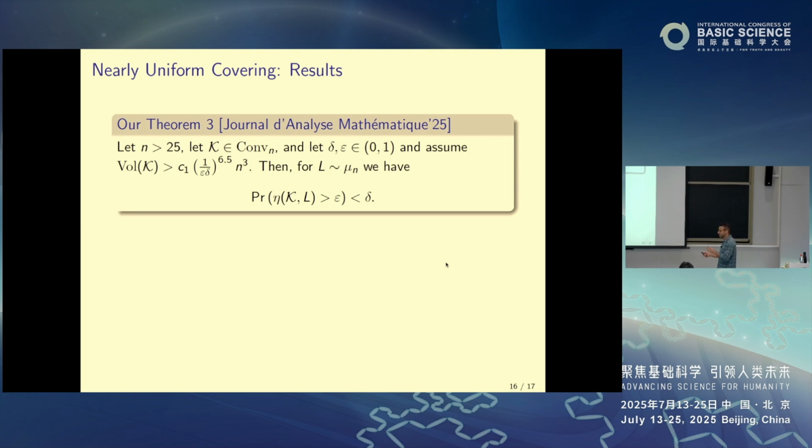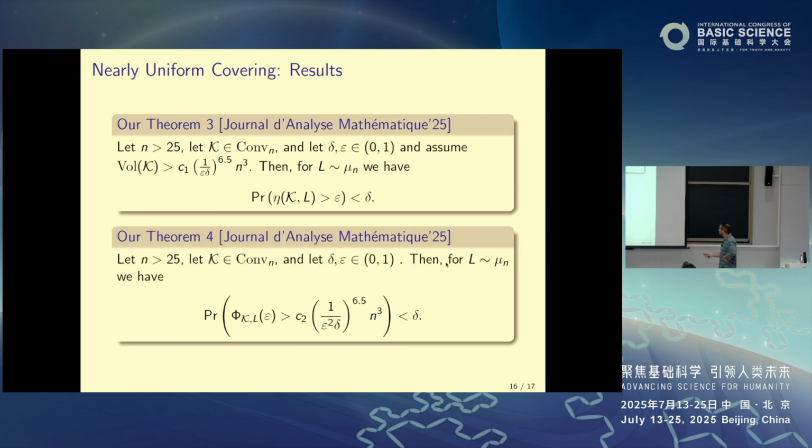This epsilon measures how smooth we are, and this delta measures what is meant by with high probability. And of course, those parameters affect the volume of K we need for this to hold. And if we want K such that no matter how much we dilate, we inflate it further, we are still smooth, then not much changes. We still get that we need the volume of K to be n cubed times some polynomial function of epsilon and delta.